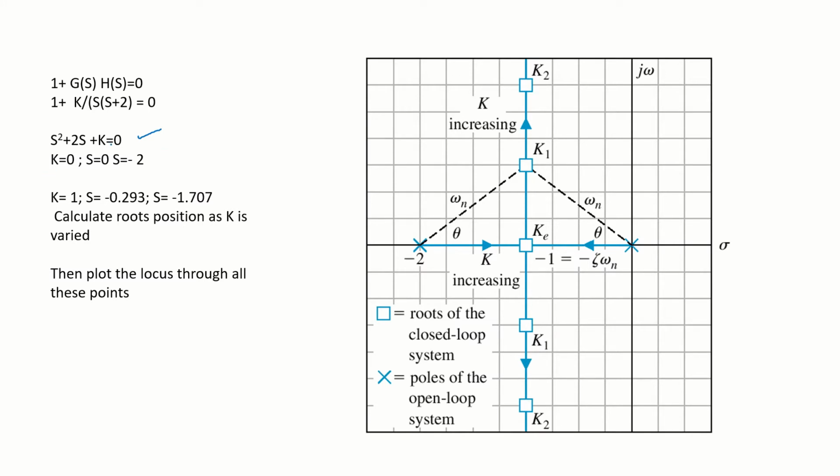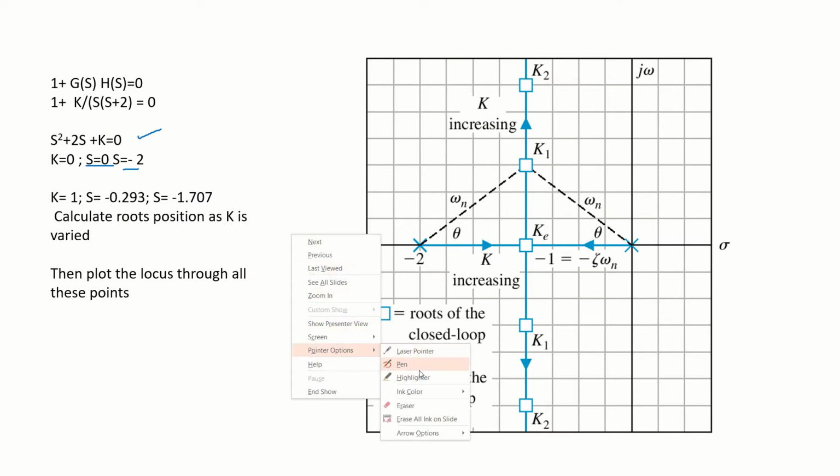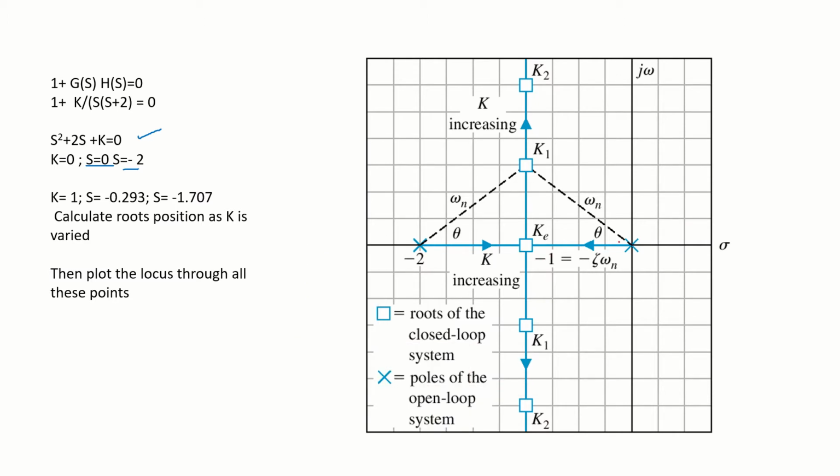Suppose if I put K equal to 0 in this equation, you will get S equal to 0 and S equal to minus 2. This is sigma. This is imaginary omega, j omega.